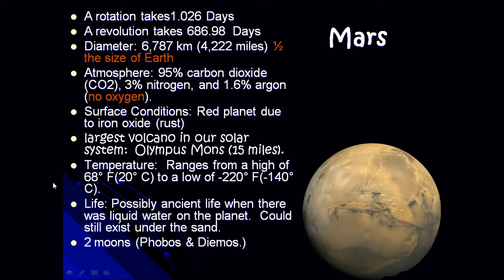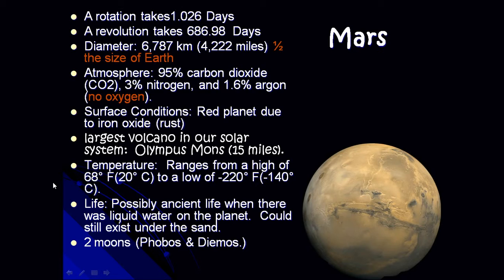Now, the atmosphere of Mars is 95% carbon dioxide, 3% nitrogen, and 1.6% argon. There is no oxygen on Mars currently. The surface conditions entail it being a red planet, which is due to a high amount of iron oxide, which we know as rust. So it's called the red planet in many regards.